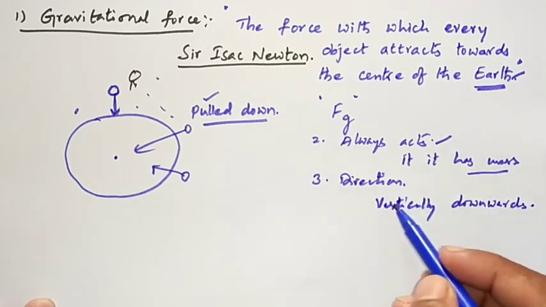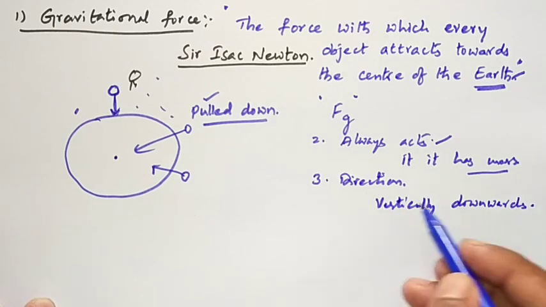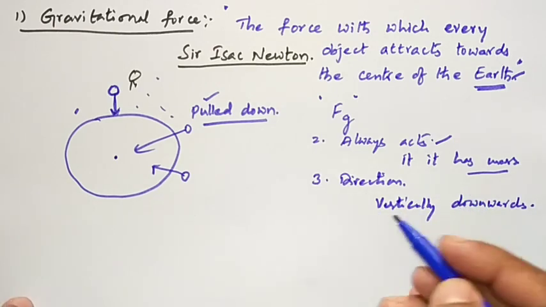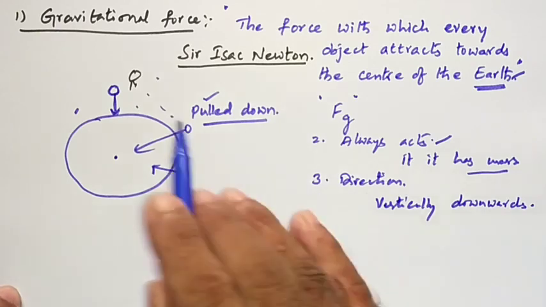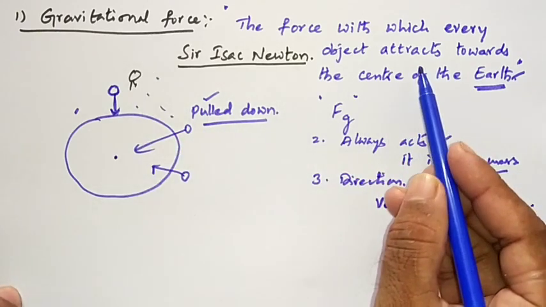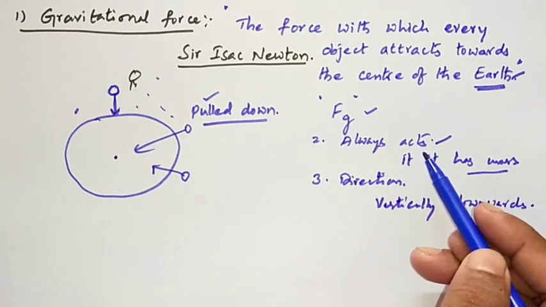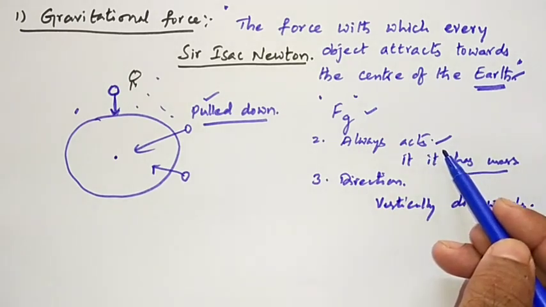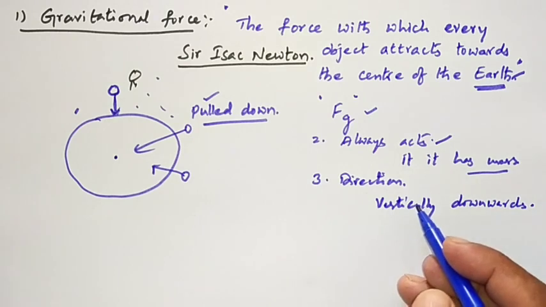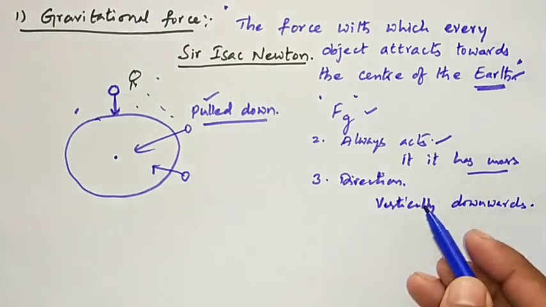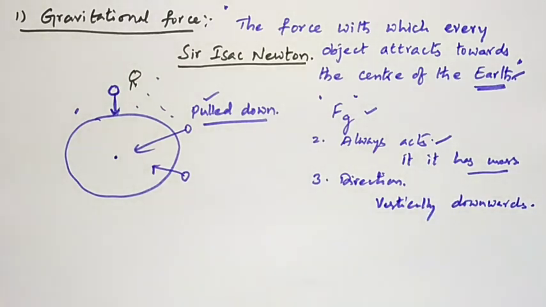It acts vertically downwards, or vertically towards the center of the earth. So gravitational force is denoted by Fg, it always acts, and its direction is vertically downwards.